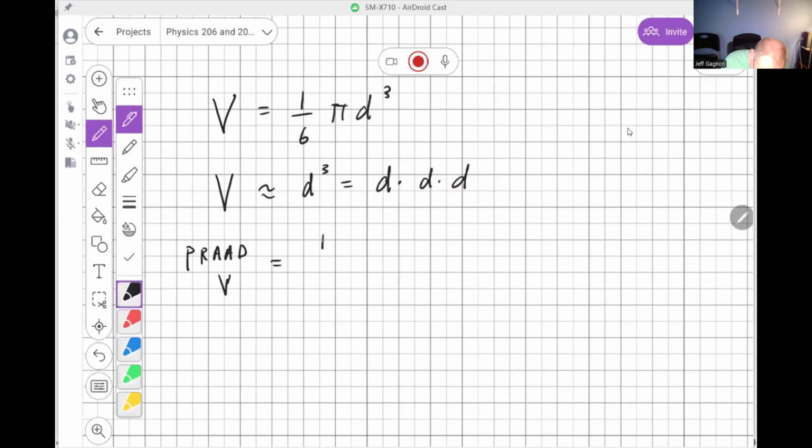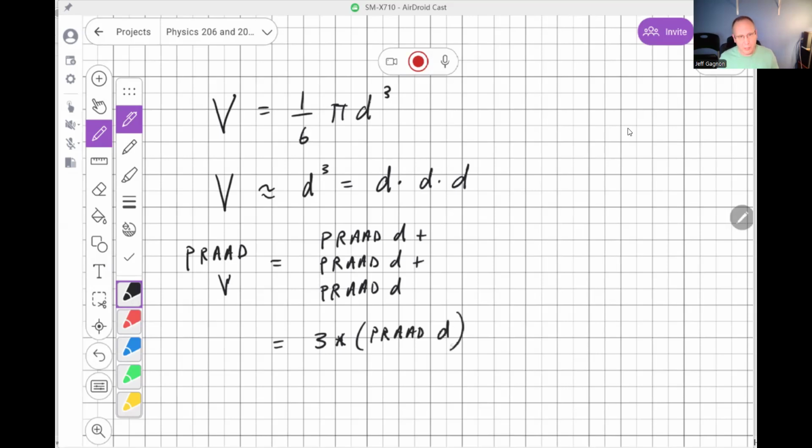So this is going to be the prad for diameter plus the prad for diameter plus the prad for diameter. And of course you can simplify it, it just equals three times the prad for diameter. And that will be the prad for your volume of the basketball.